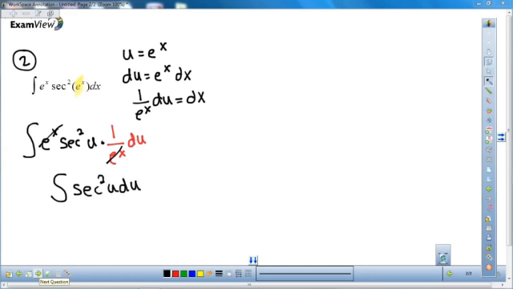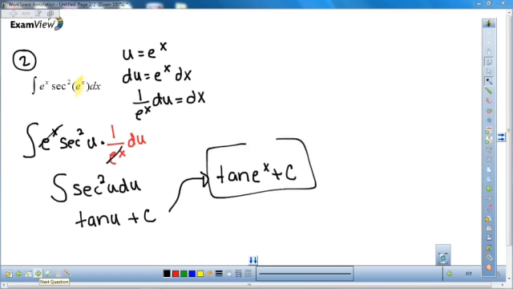And now I just need to find the antiderivative of secant squared, which is tangent of u. Don't forget your plus c. And the last thing I need to do is substitute u back. So tangent e to the x plus c would be my antiderivative.